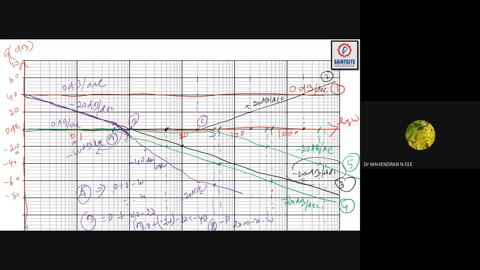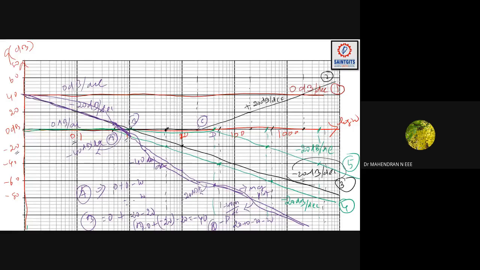Once again, approximately this will be minus 40 dB per decade. So this is your magnitude plot. You can draw roughly. This is the asymptotic magnitude plot of the given system. I hope you can understand.